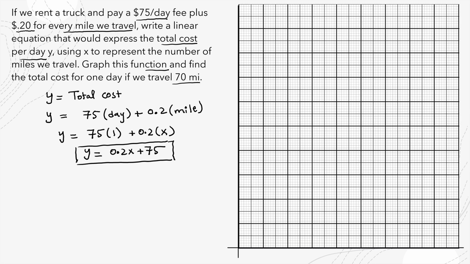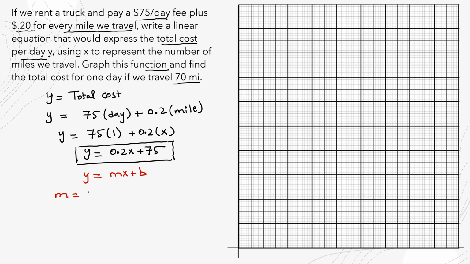Now, if you look at this expression, it looks quite similar to the slope-intercept relation to represent a linear line. So I have y equals mx plus b. This is the equation of a line having the slope and intercept. So by comparing these two equations, I can say that my slope is equal to 0.2.